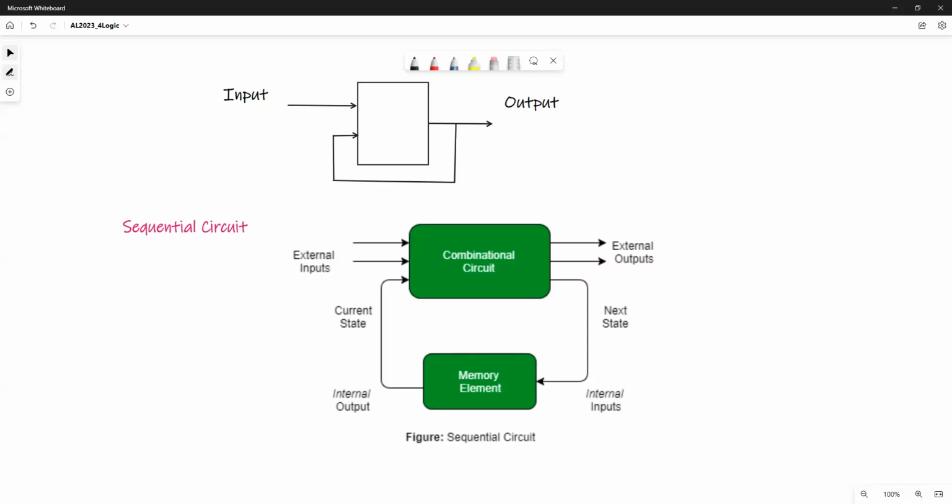So let's write down what sequential circuits are.